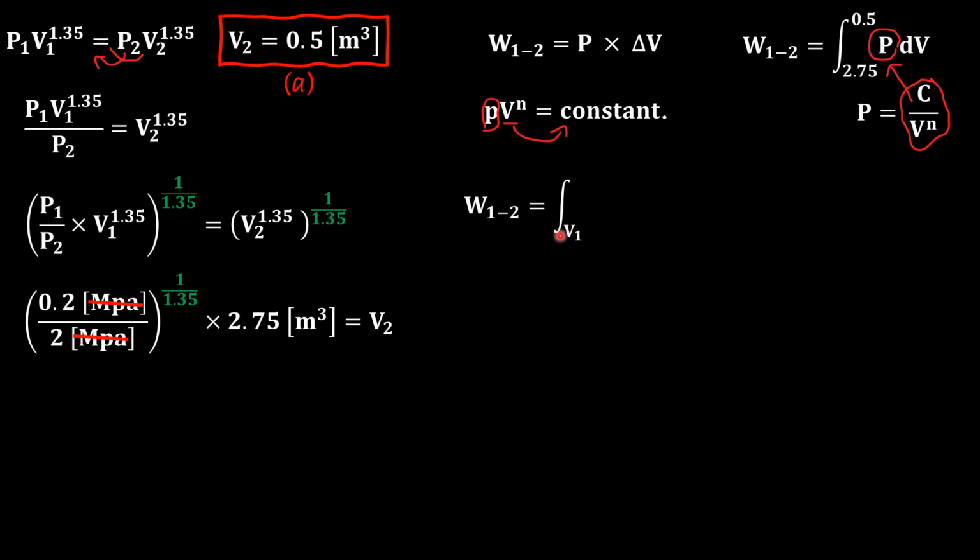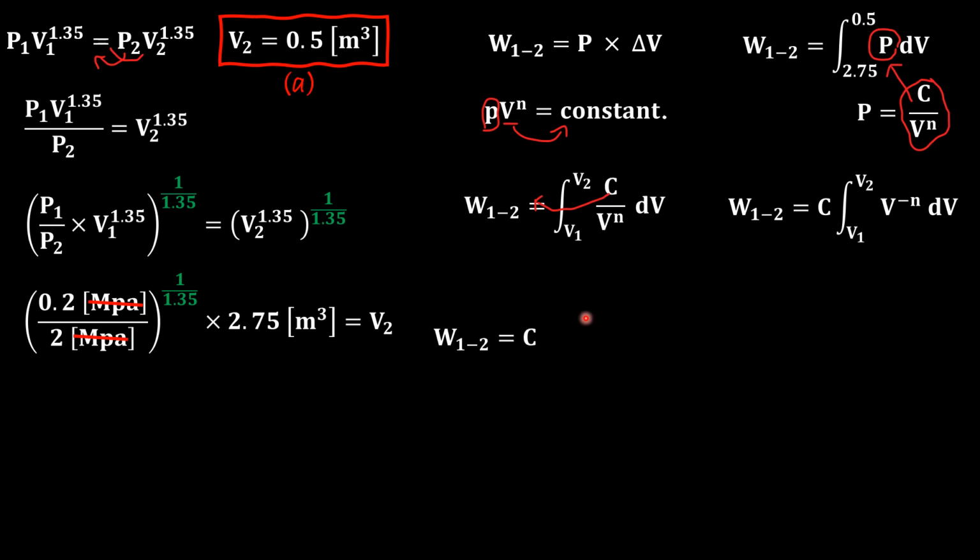So here, what we will do is we will go from volume 1 to volume 2, and we replace the pressure with the relationship that we were given, dV. So we will take the constant outside the integral. So now this is basic integration that you need to do.